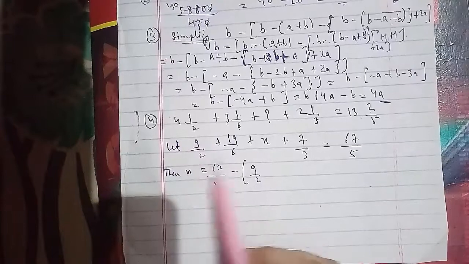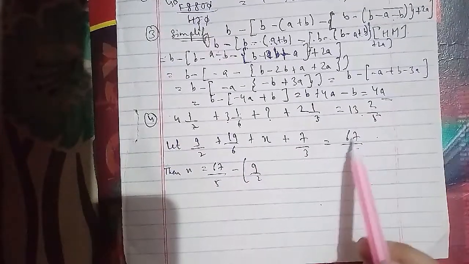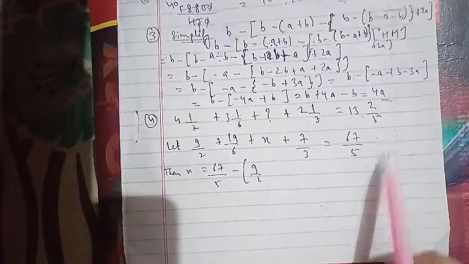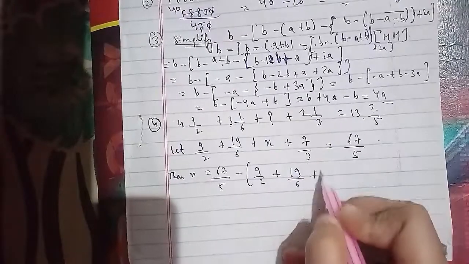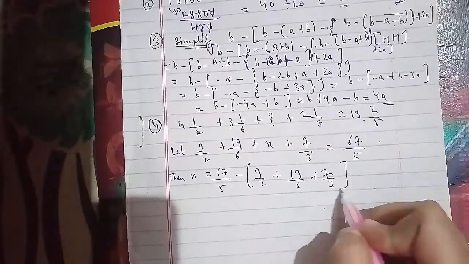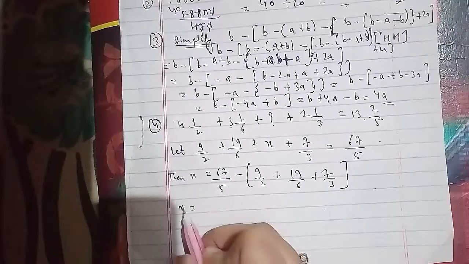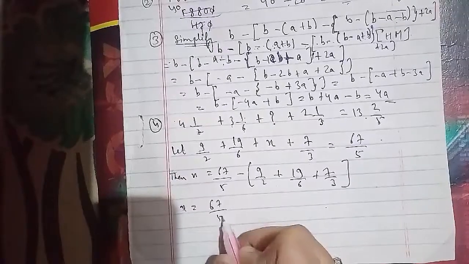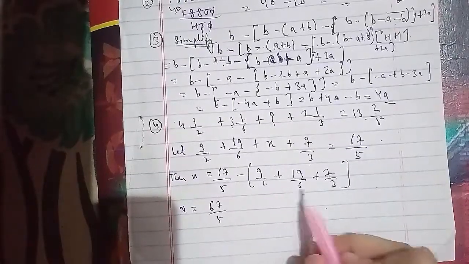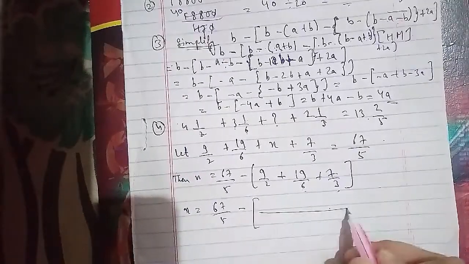We take all these except x to the right side, so that becomes 67 upon 5 minus 9/2 plus 19/6 plus 7/3. So x equals 67 upon 5. We will take the LCM of 2, 6 and 3, and we get the LCM 6.